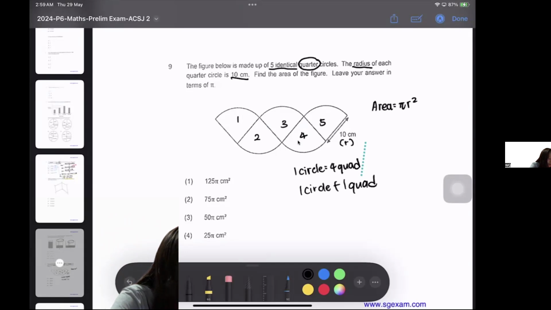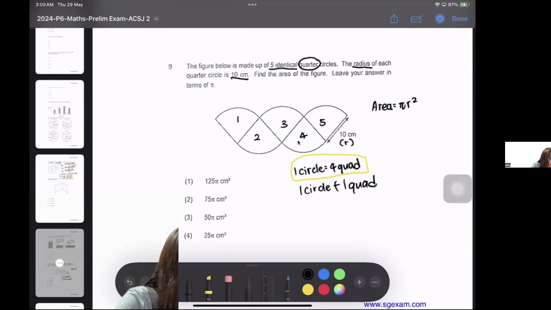Why? Because you see this, 4 quadrants equals 1 circle. So in that case, we have 5 quadrants here. So 5 quadrants will equal 1 circle plus 1 quadrant.